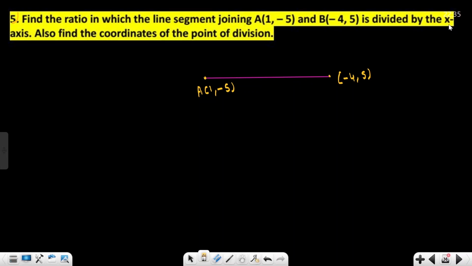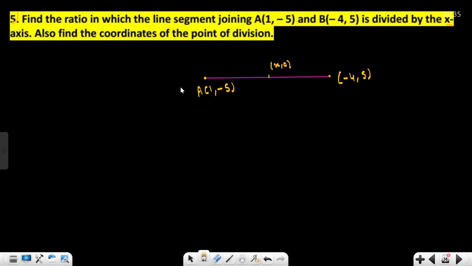It means where the y coordinate is 0. The coordinate is (x, 0) because the point is on the x-axis. Find the coordinate of the point of division.